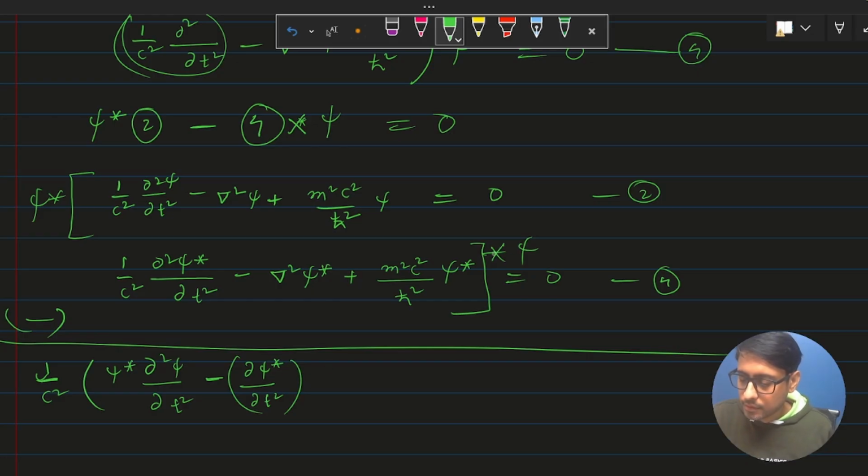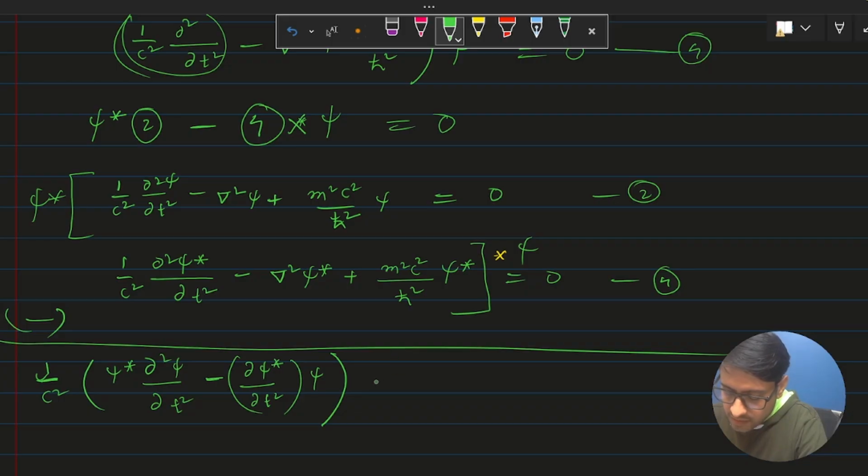This is not an asterisk, it is simply a multiplication. Now this is multiplying from the right, then we have written psi. So this is for these two terms. Let me close the bracket. These terms are done.